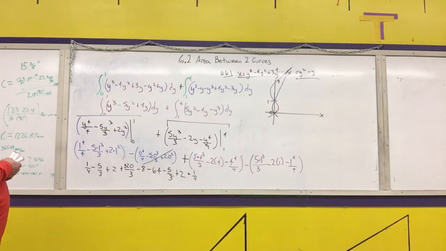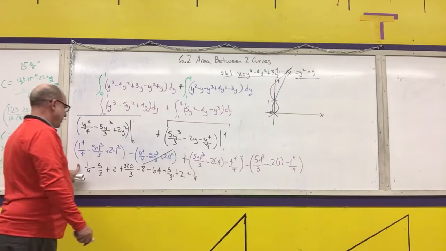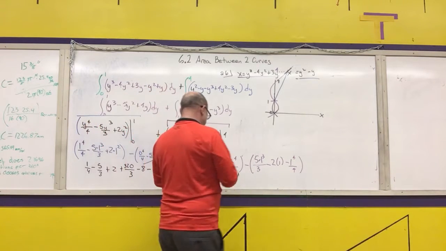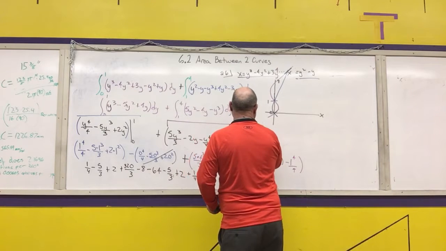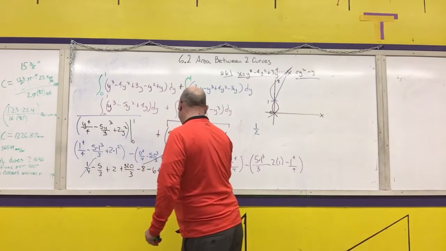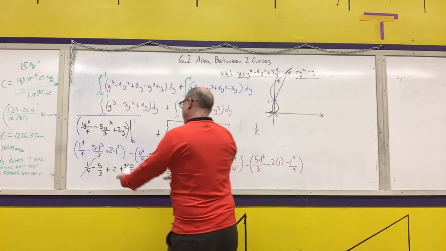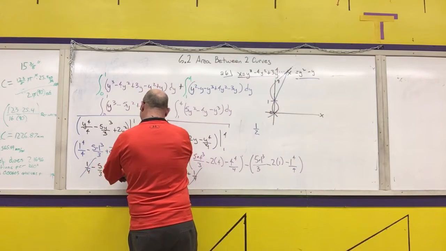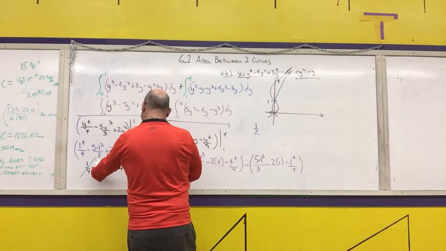Let's do some simplification really quick. 1/4 plus 1/4 is 1/2. So I did those two terms. 320 thirds minus 10 thirds.